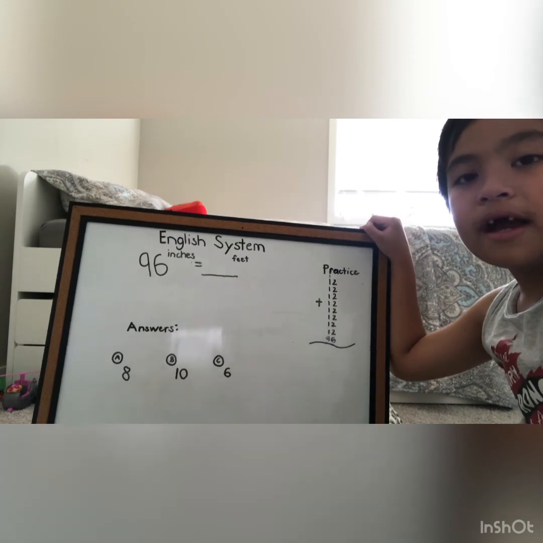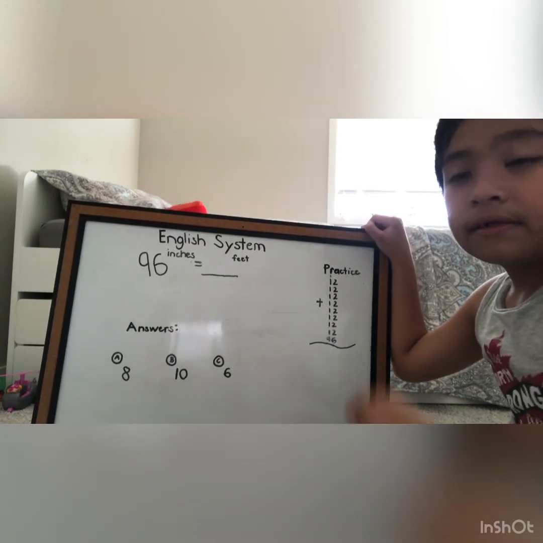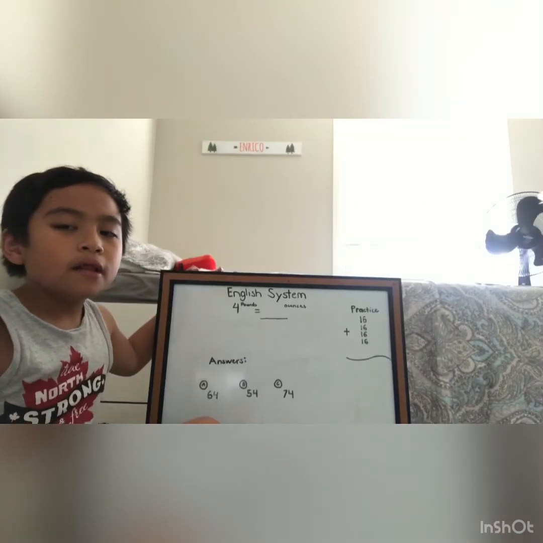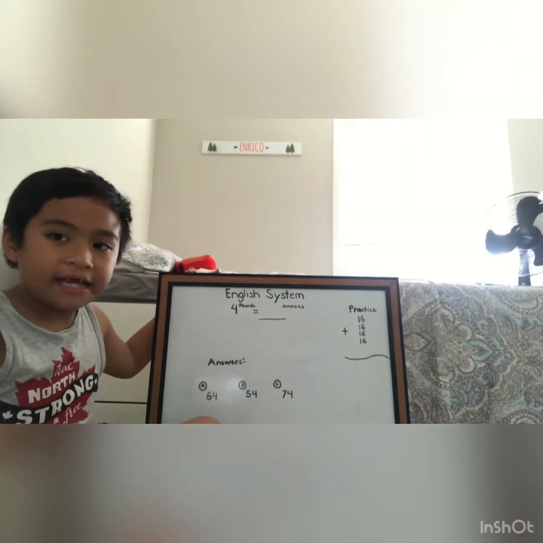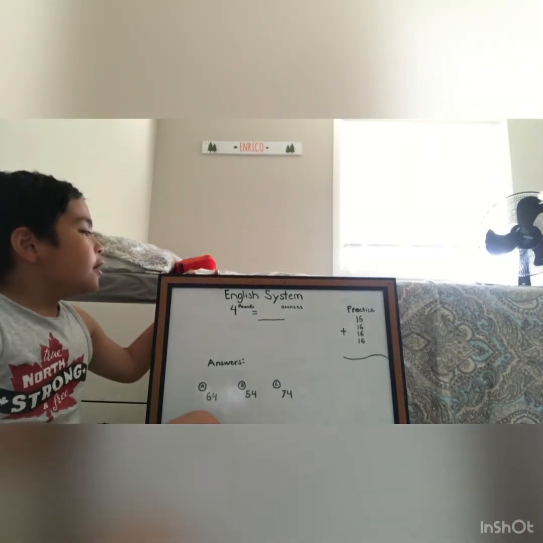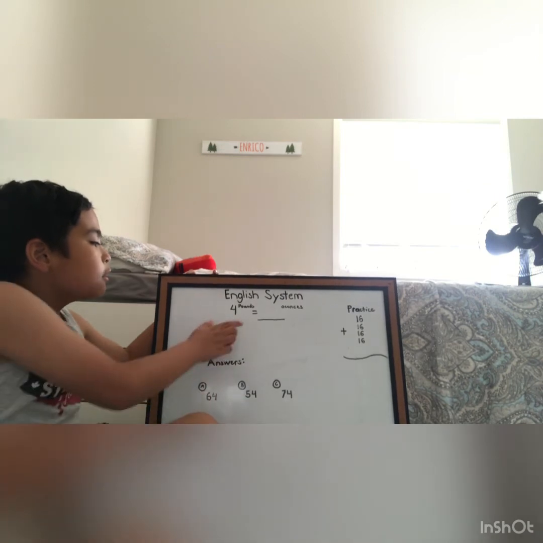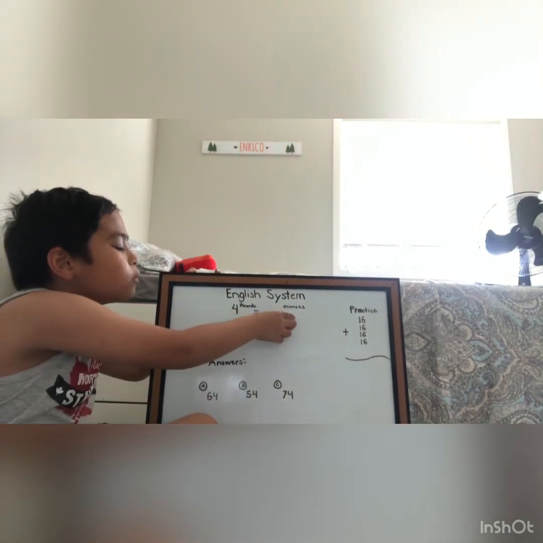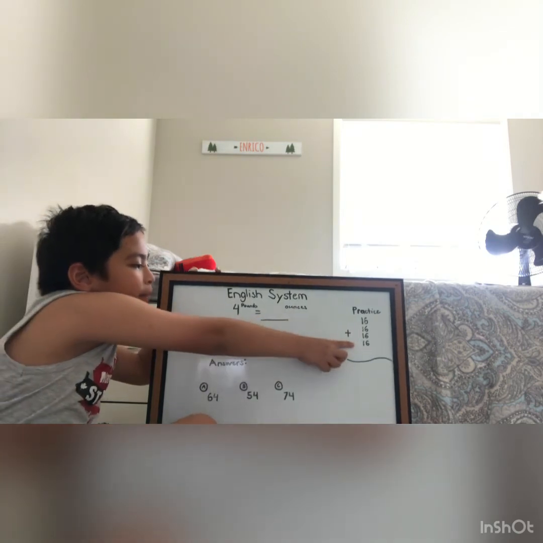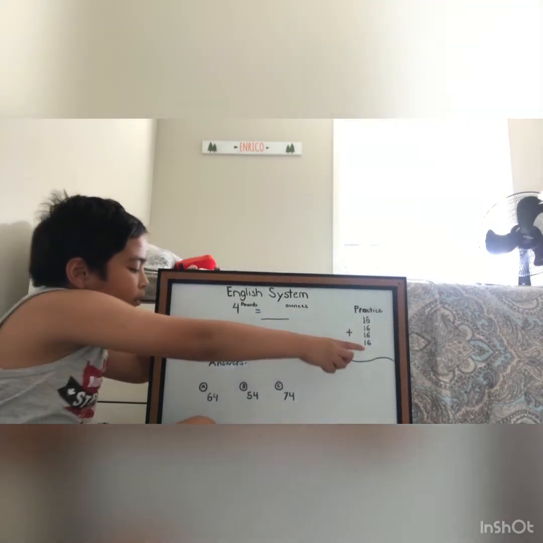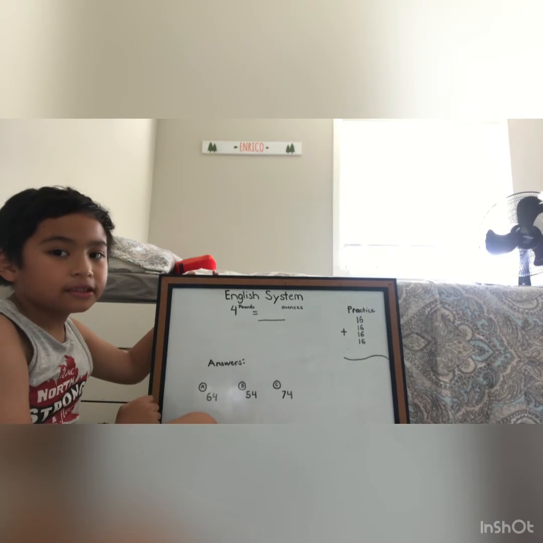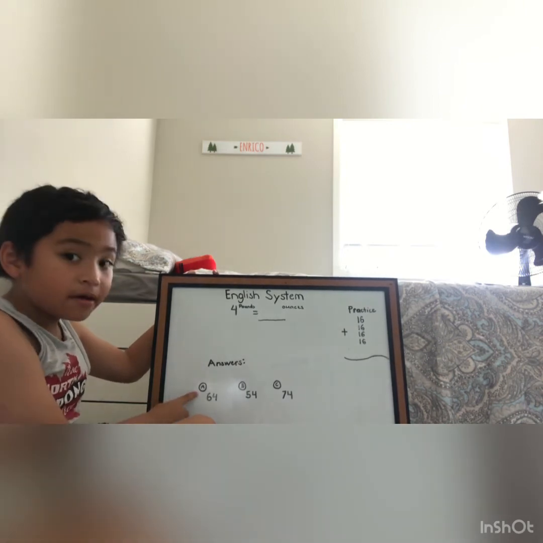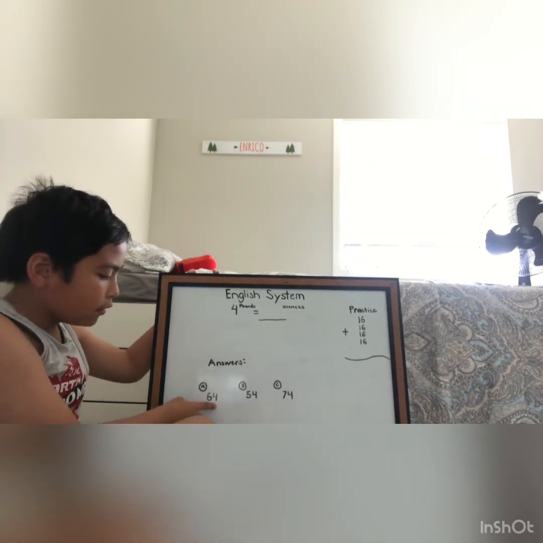Now for weight. Now we're at weight. Here's the question. 4 pounds equals something ounces. Here's the practice if you need. Here are the answers. A, 64.